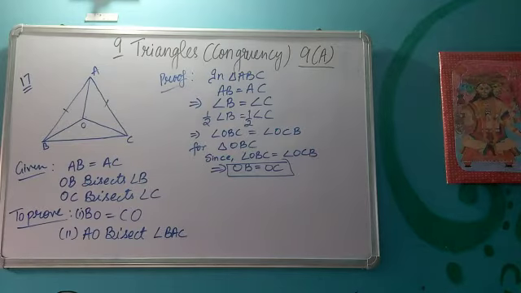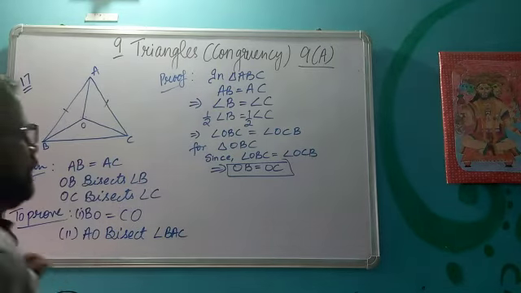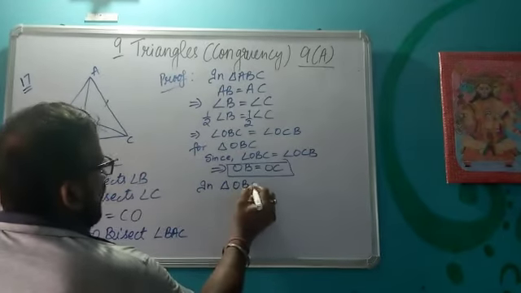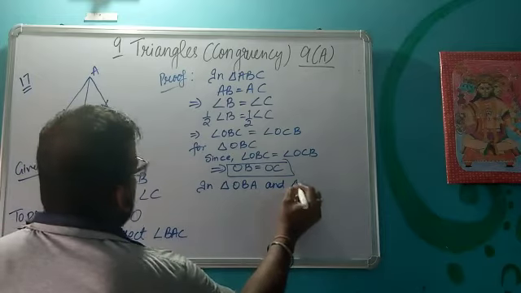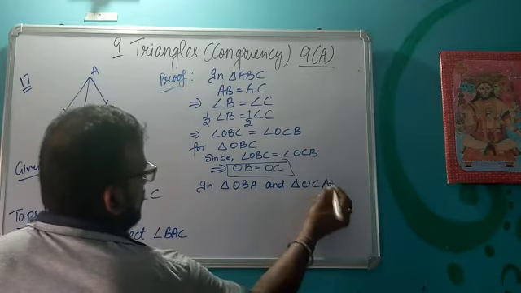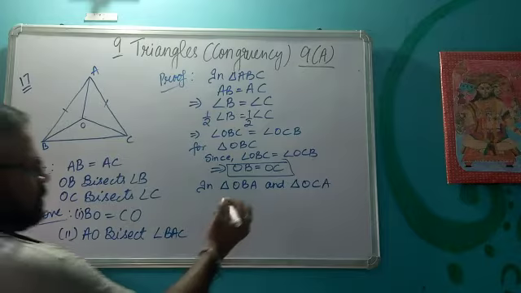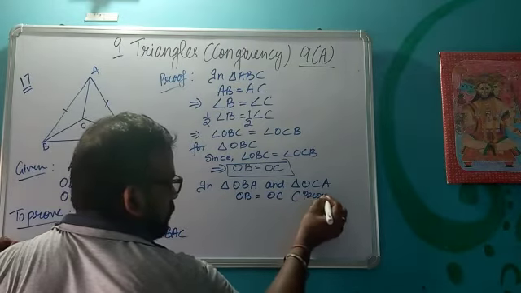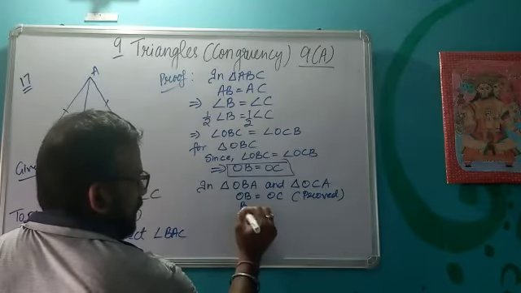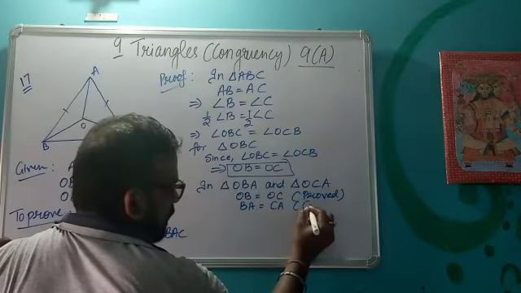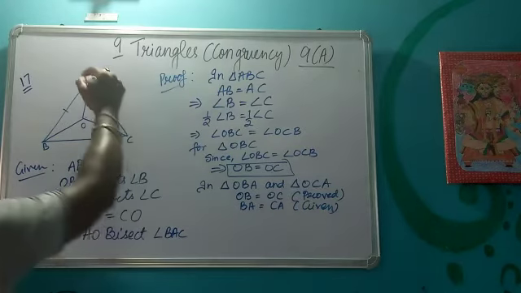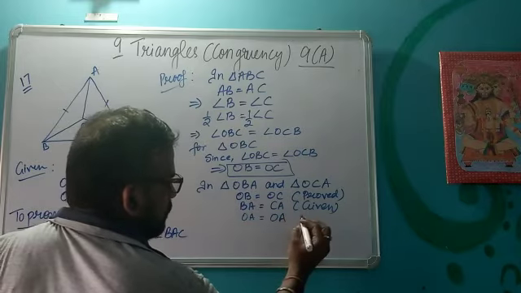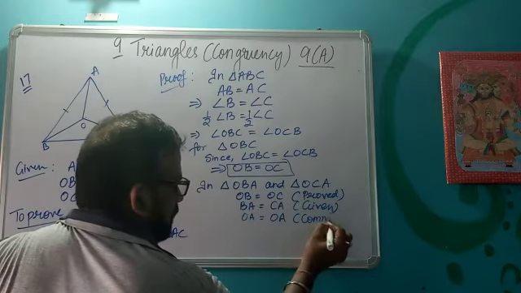So for that, we are going to take two triangles, triangle OBA and triangle OCA. Okay, so OB will be equal to OC, that we have just proved. Then BA equals CA, it is given. And see, this OA is a common side, so we can say OA equals OA, common side.